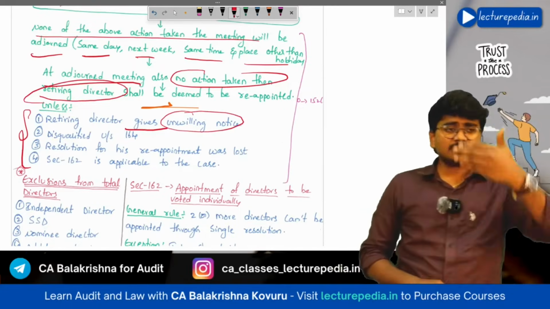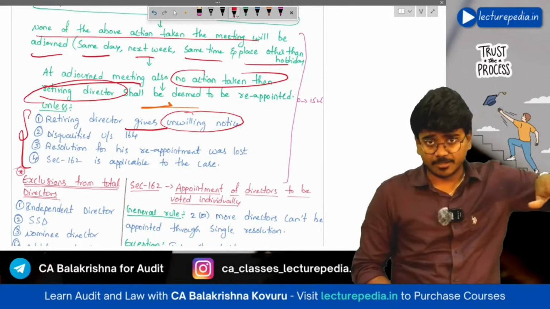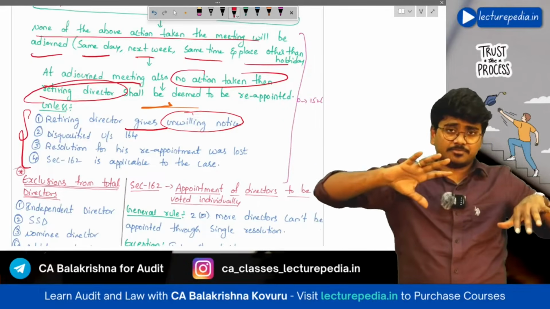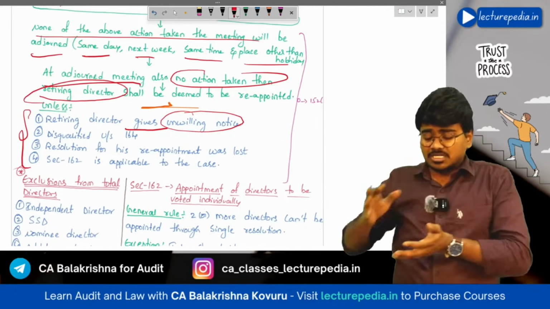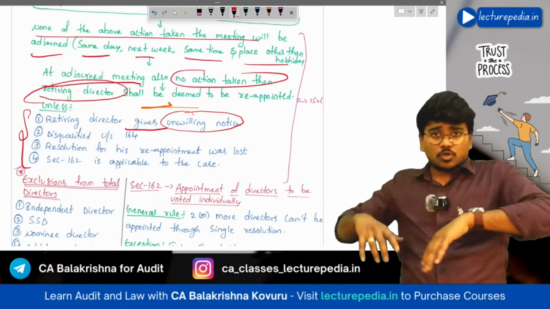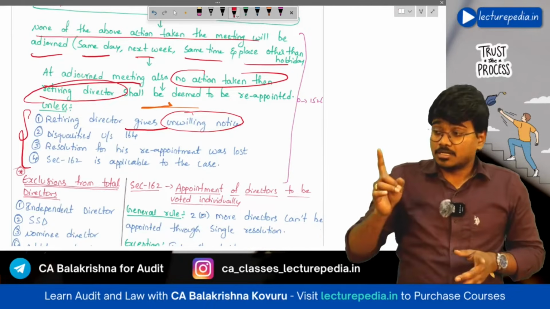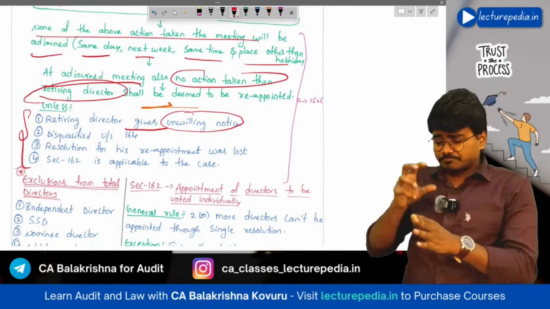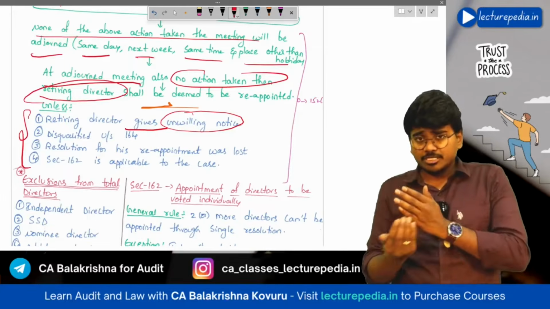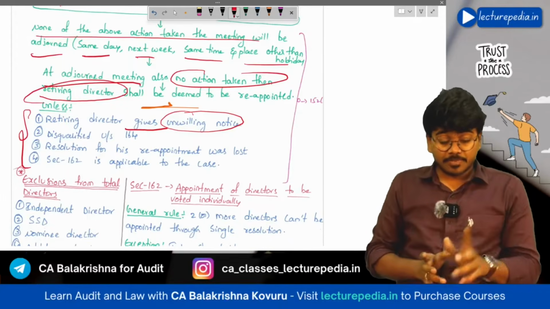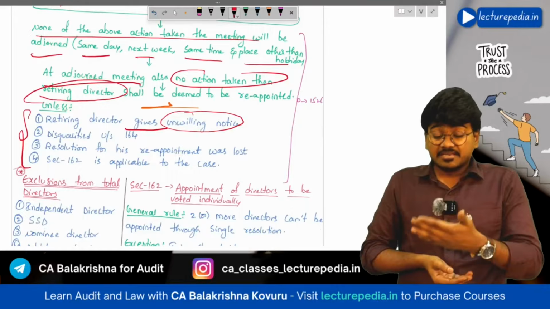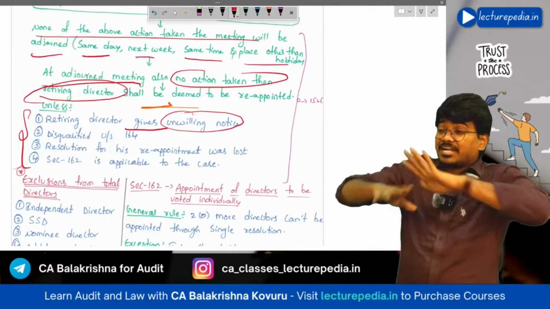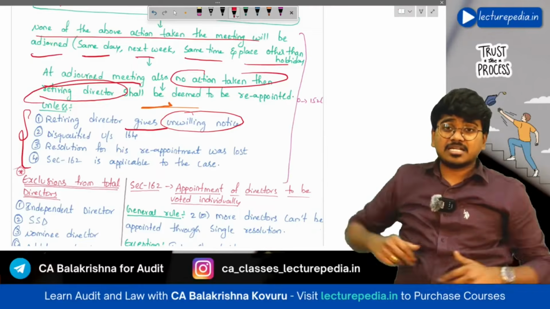Now, a director has retired at the meeting, and in that meeting no resolution has been passed. The meeting is adjourned, and even at the adjourned meeting no resolution has been passed. Then the retiring director will be deemed to be reappointed. But here the retiring director has given a notice to the company stating that I am unwilling to be appointed as a director in your company.